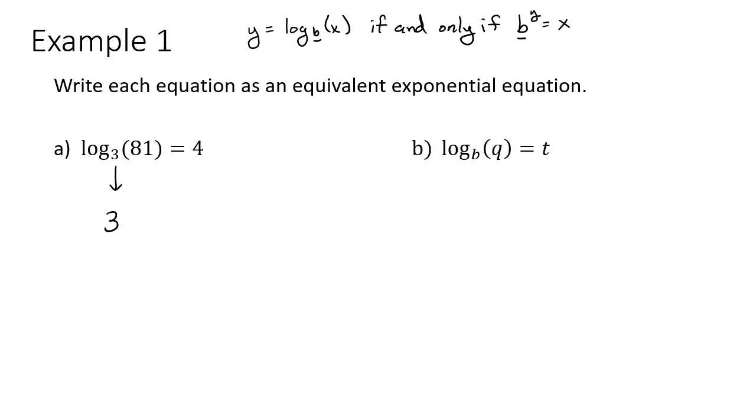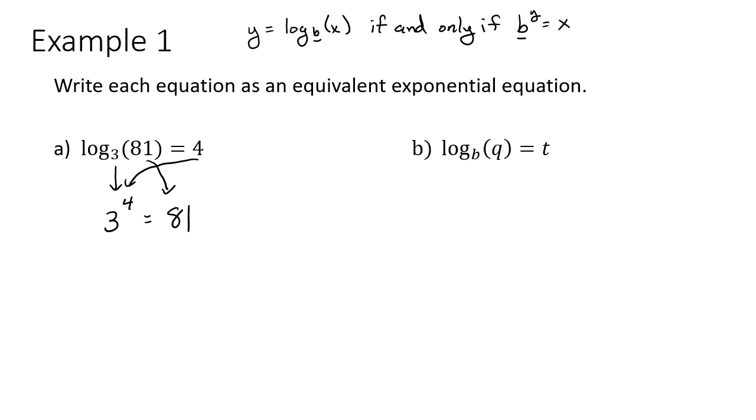So log base 3 is going to become exponent base 3. Then what ends up happening is that the other two numbers basically swap across the equal sign, just like the swap and solve method, swapping x and y. So the 4 over here on the right-hand side of the equation moves over to the left and becomes the exponent for the base of 3, and the 81 in parentheses moves across to the other side of the equal sign.